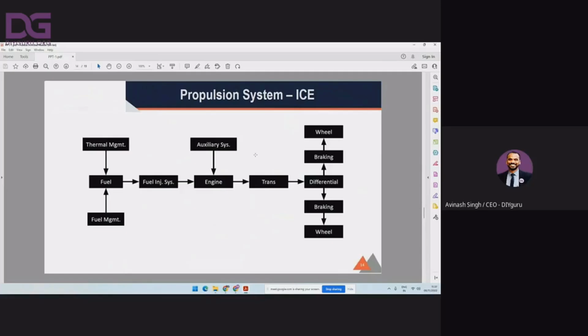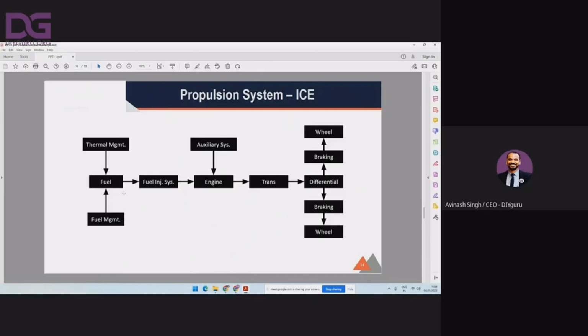Okay, if you want to differentiate between IC and EV, if you look into the systems, generally, in place of your fuel injection system engine, your battery, inverter, and motor are coming into the picture. In wheels, there is differential braking, although braking is there in EV as well, but that will be transformed to regenerative braking, right?